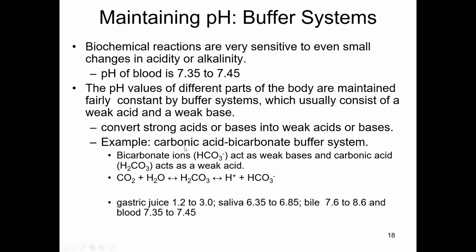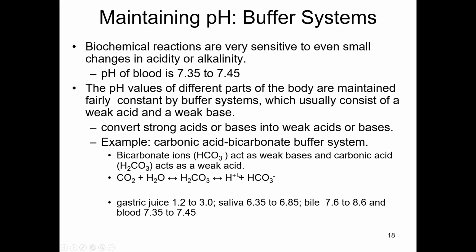So here is the role of the carbonic acid bicarbonate buffer system. If we have an excess of hydrogen ions in this reaction, let's say pH dropped to 7.2, bicarbonate ions will combine with the excess hydrogen ions, form carbonic acid, and eventually turn to carbon dioxide and water.